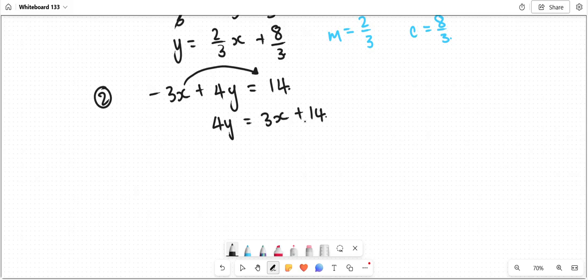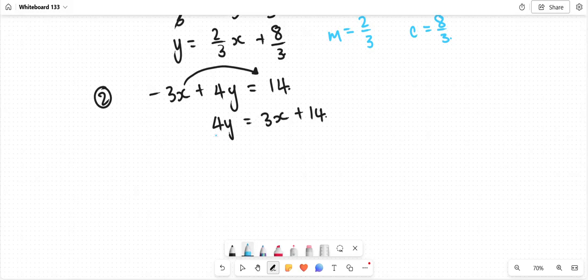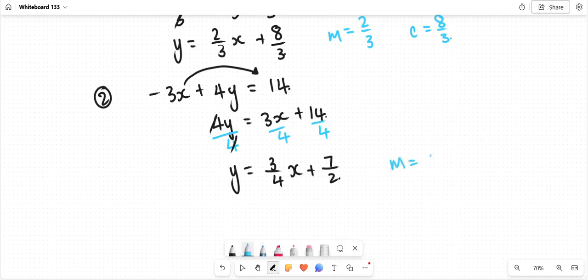I always write the x part first, and then I divide by 4, divide by 4, divide by 4, and so y is equal to 3 over 4 x plus 14 over 4, which can be simplified to 7 over 2. And so what is my m? My m in this case would be 3 over 4. What is my c? My c in this case would be 7 over 2.